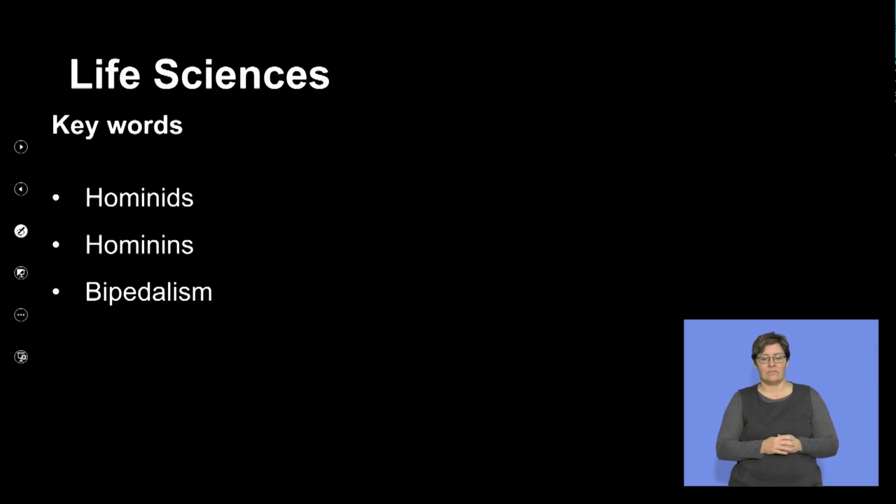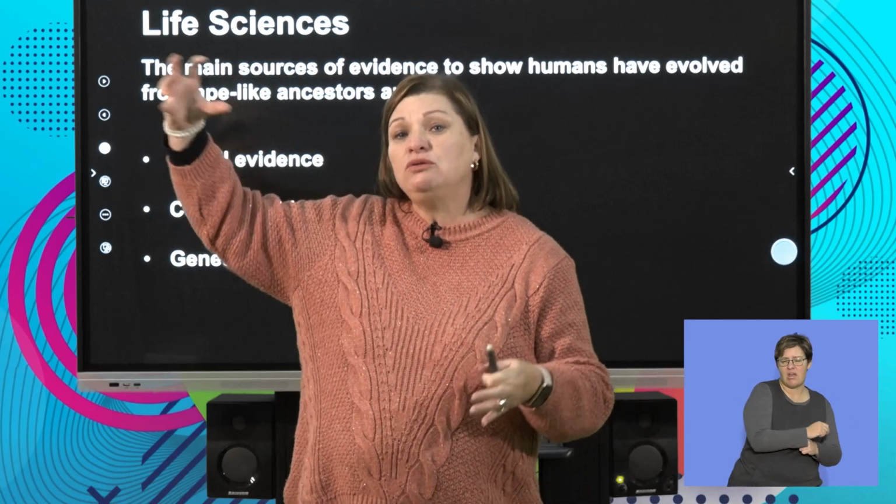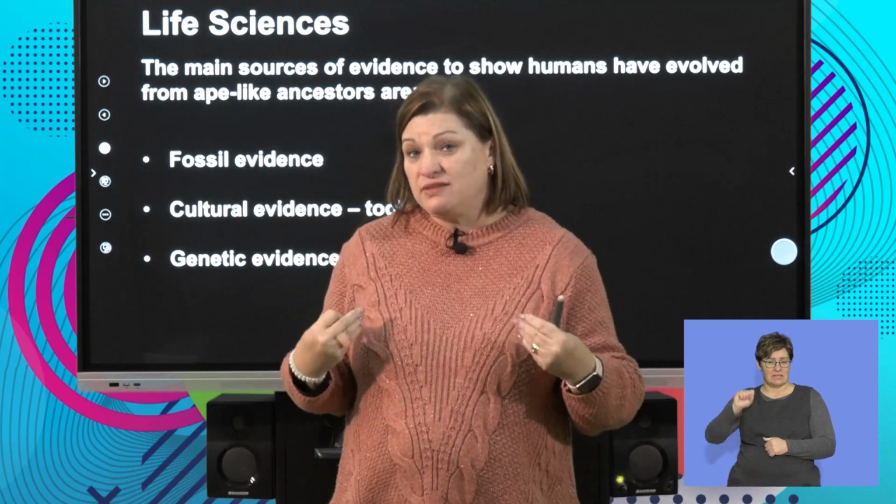Okay, as I said to you, look at all the words again, it can be a little bit confusing. So when we look at this whole human evolution from ape-like structures to Homo sapiens today, we rely on 3 sets of evidence.